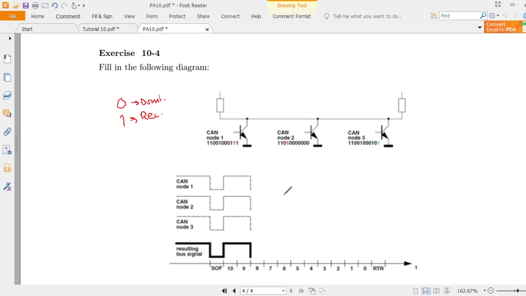But if, let's say, node 1 and node 2 have 1, and node 3 has 0 at the same bit, node 3 will win, not node 1 or 2, because 0 is dominant and 1 is recessive.